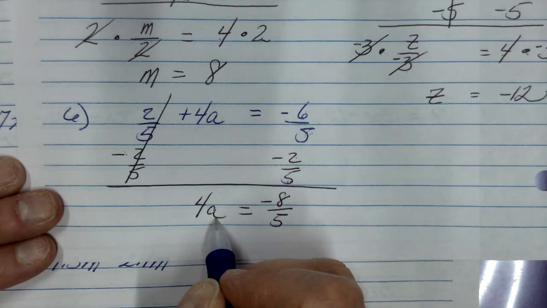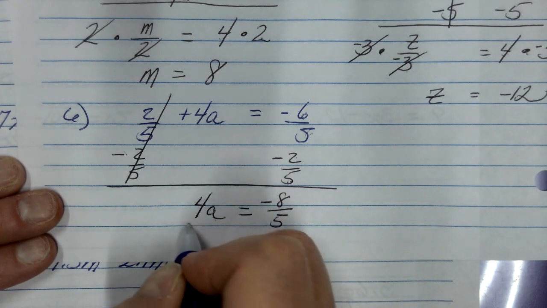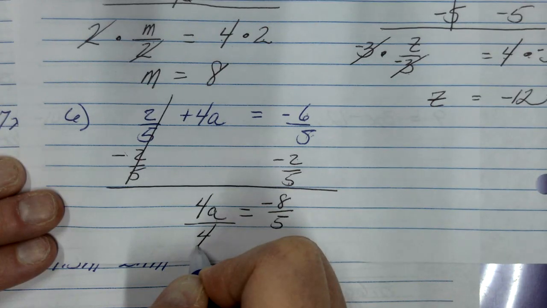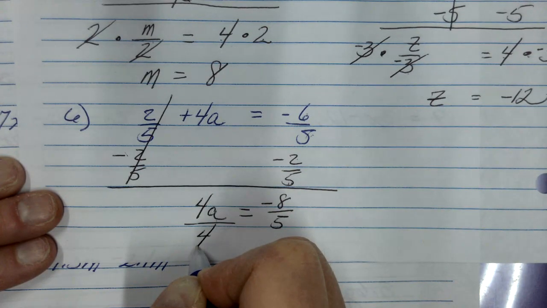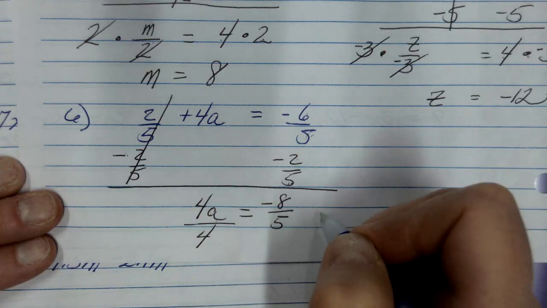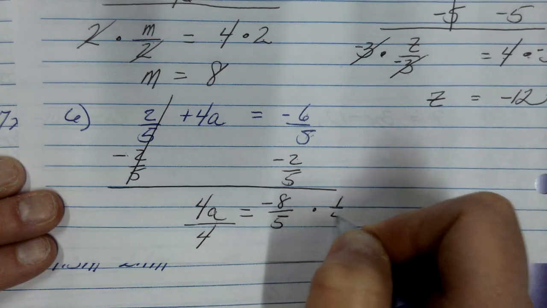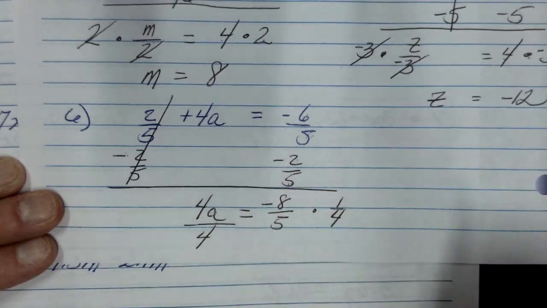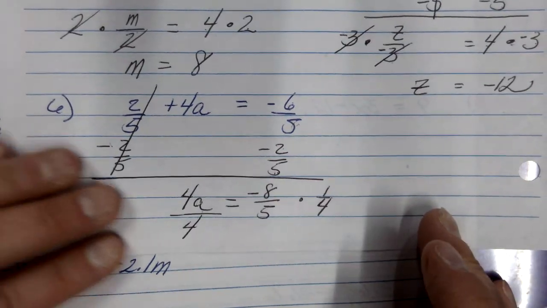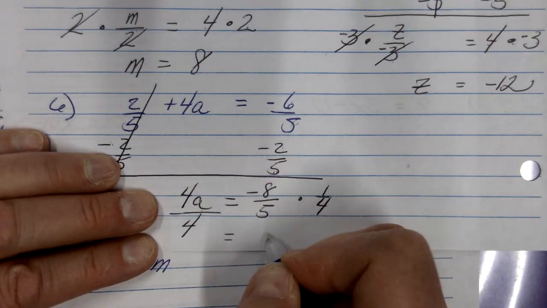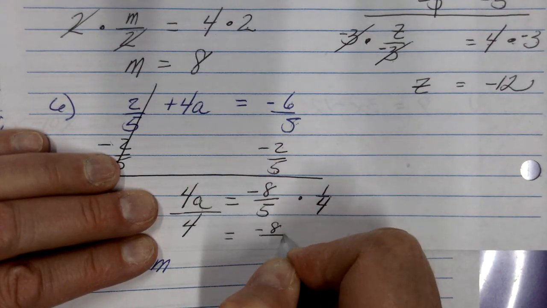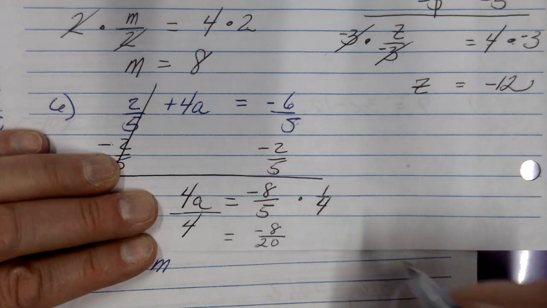To isolate the a, we're going to divide both sides by 4, which is the same as multiplying by 1/4, the reciprocal. Remember, we can multiply by the reciprocal rather than divide. So this becomes negative 8 over 20.